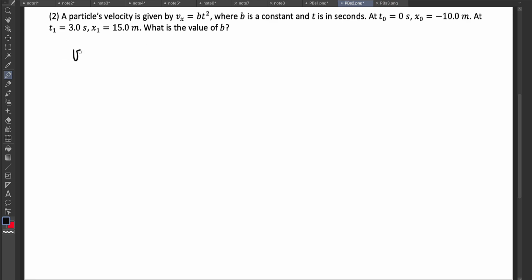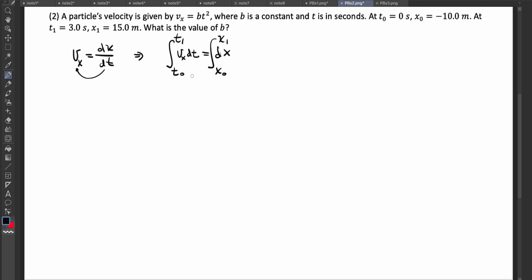So let's recall the velocity is dx/dt. Okay, so now if I move dt to the left side, I get v_x dt equals dx. Okay, and then let's do the integral on the two sides. We start with x naught to x1, and the time integral goes from t naught to t1.